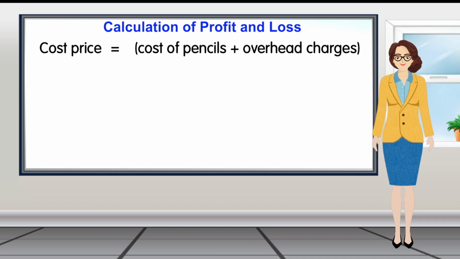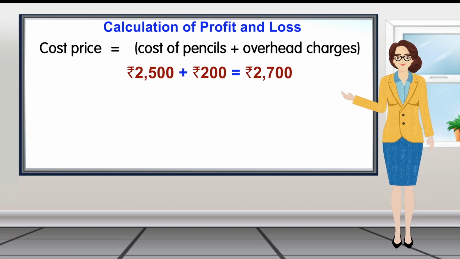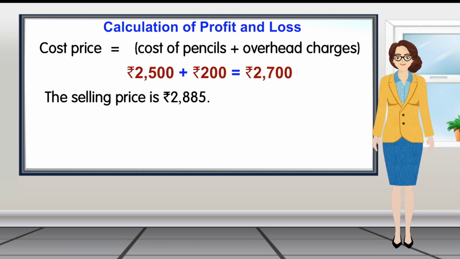Solution: the cost of pencils will be money paid to the wholesaler plus overhead charges. Thus, the cost of pencils will be rupees 2,500 plus rupees 200 is equal to rupees 2,700. The selling price of pencils is rupees 2,885. We can observe that the selling price is higher than the cost price.